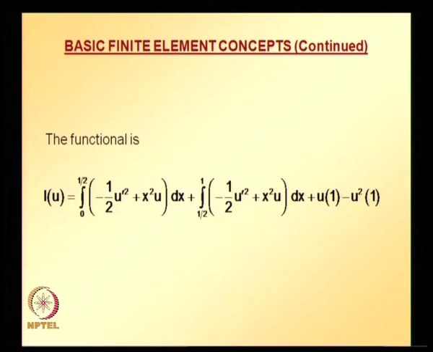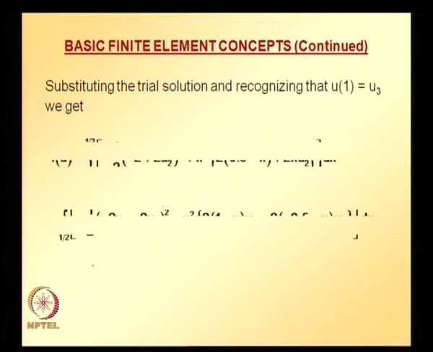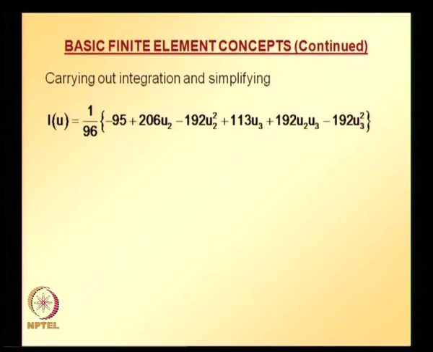So, u evaluated at x equal to 1 is u3. Substituting that information, I as a function of u turns out to be this, and simplifying this integral, you get I as a function of u2 and u3.